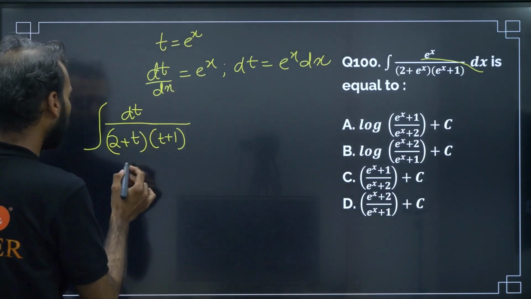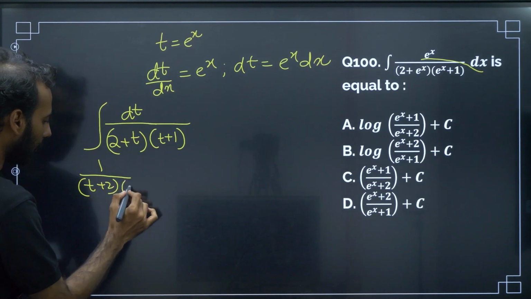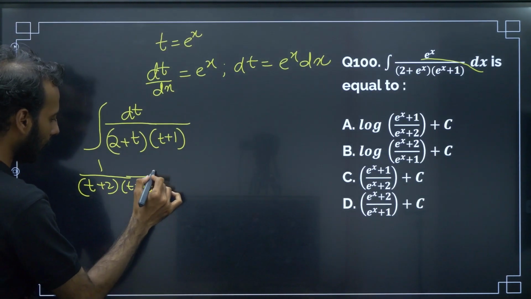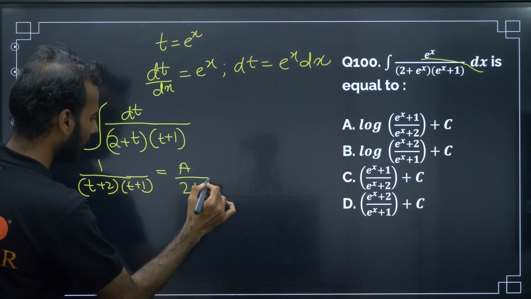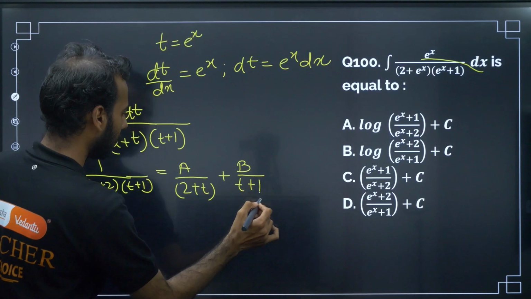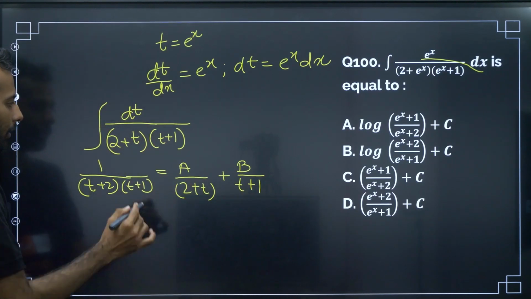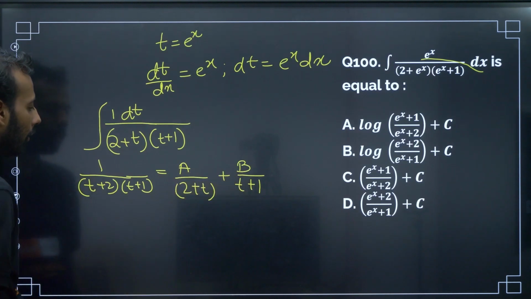So what I am going to do is write 1 over t plus 2 times t plus 1 as a divided by 2 plus t plus b divided by t plus 1. Same expression only, I am writing 1 by this in this form.